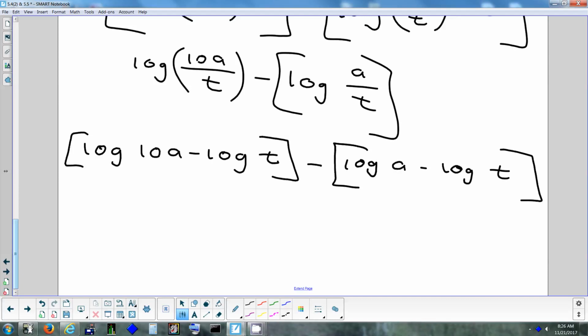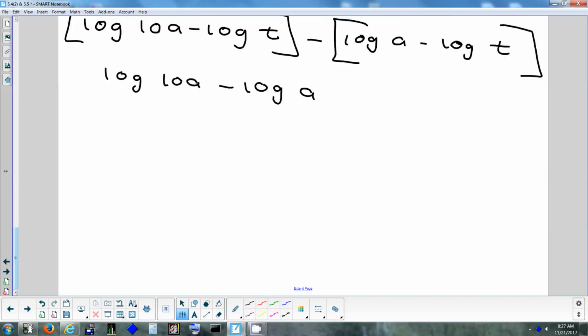Yep. Log of T. Because you'd have log 10A minus log T minus log A plus log T. So the minus log T plus log T is gone. And it should be, because those factors were the same. So the B shouldn't have any effect because that stayed the same. The T shouldn't have any effect, that stayed the same. The only thing that changed was A, and that's the only thing that's left.